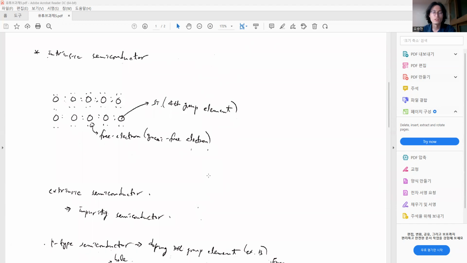When the silicon makes the covalent bonding in the solid state, but when there is some energy exchange, the electron which participates in the covalent bonding can become a free electron. So these materials can work as a semiconductor.